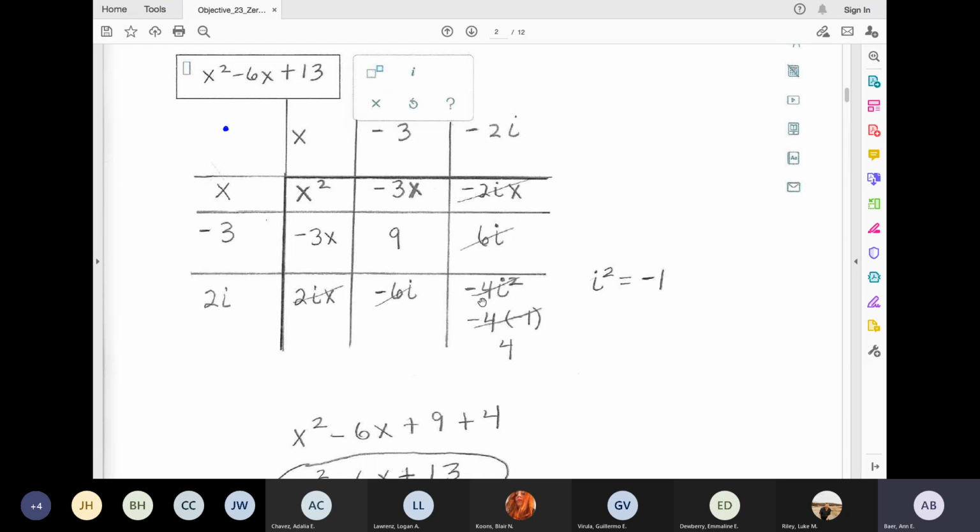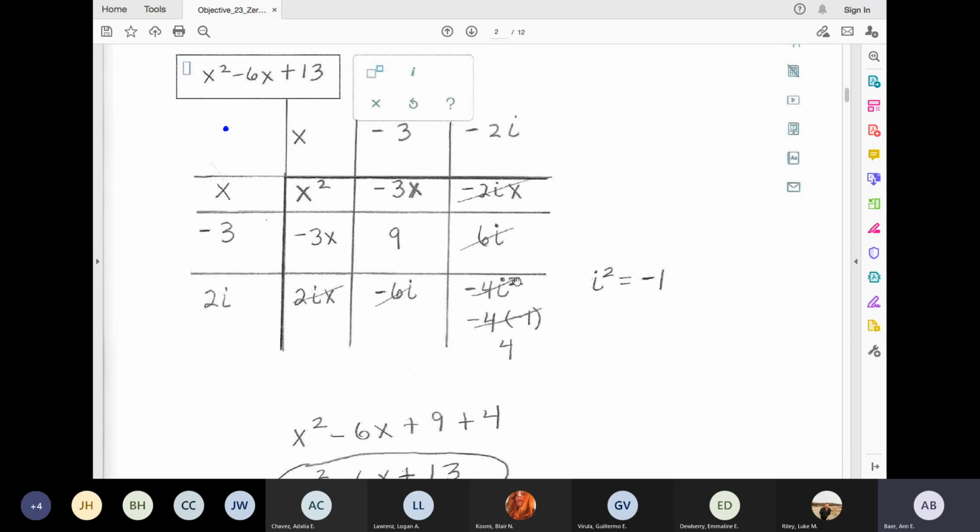This box, this first number here, straight over 2i, straight up, -2i. So that's going to make it a negative since we got a single negative. 2 times 2 is 4. i times i is i squared. So right here, i squared, we talked about this earlier in the course, i squared is -1.